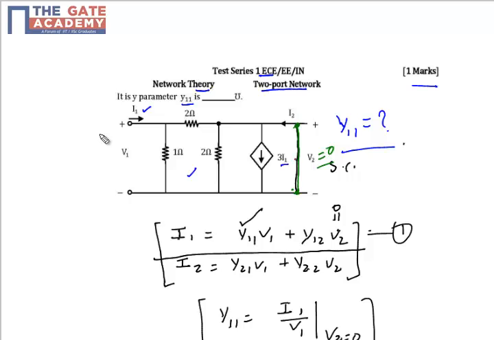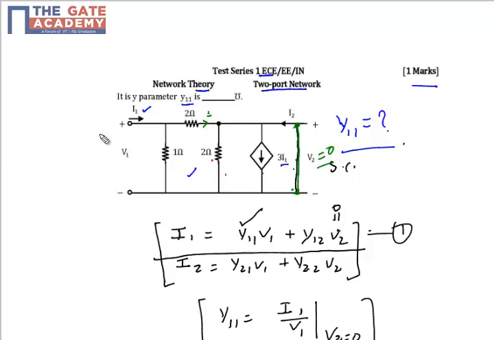Now with this short circuit wire connected at the output terminal, you can see in the diagram that the 2 ohm resistor and the dependent source 3i1 are in parallel with the short circuit wire.